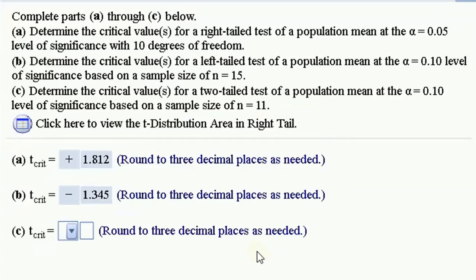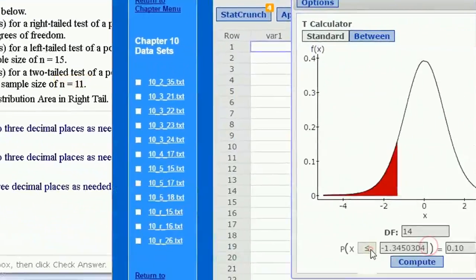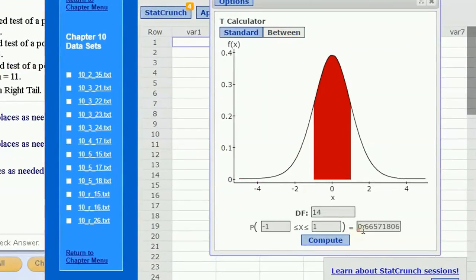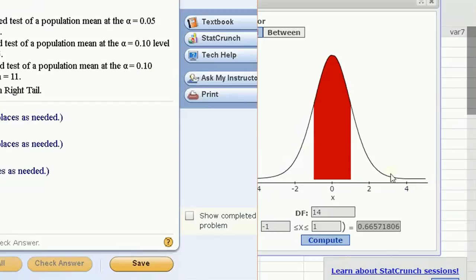And here now I've got a two-tailed test with alpha at 0.10, and with a sample size of 11. So let's get it all in. For two-tailed, I have to go to the between calculator. Now I want the probability out in the tails to be 0.10.